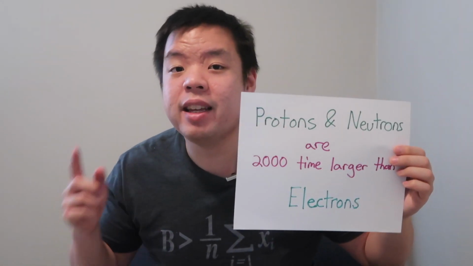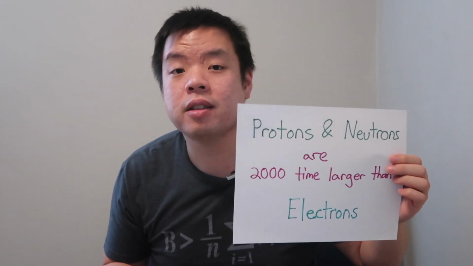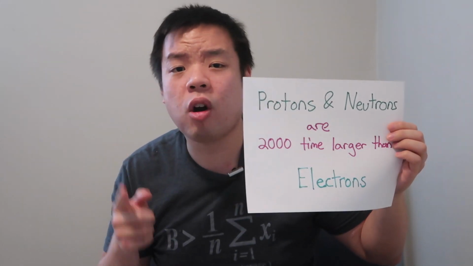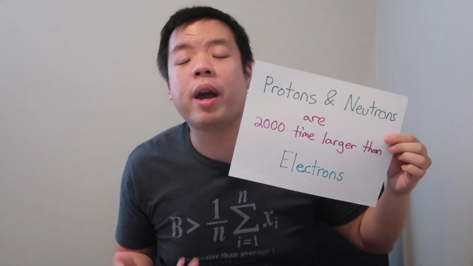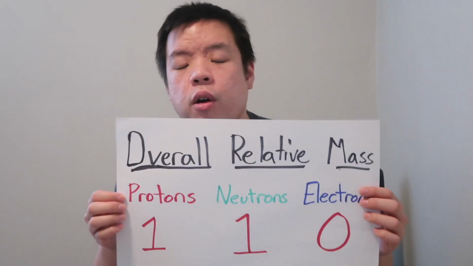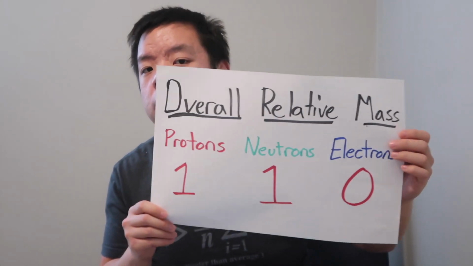If you want to think about that even more, protons and neutrons are actually 2,000 times larger than electrons. So that means that they have way more mass than an electron. Because of this, and to make our calculations useful with numbers large enough to show more meaning than very, very small measurements of mass, we assign a relative mass to these three particles.